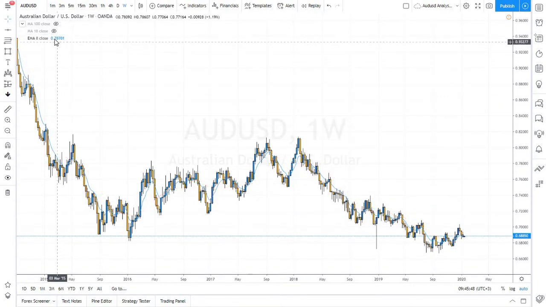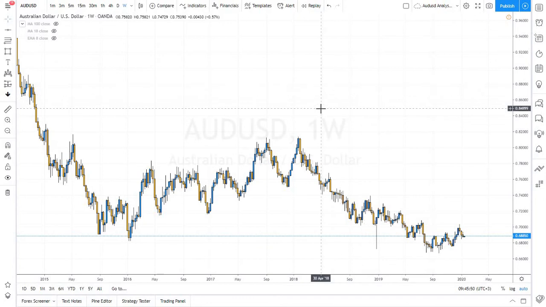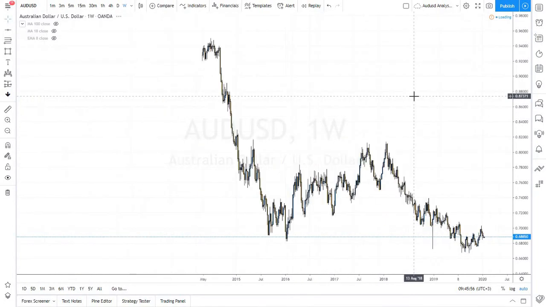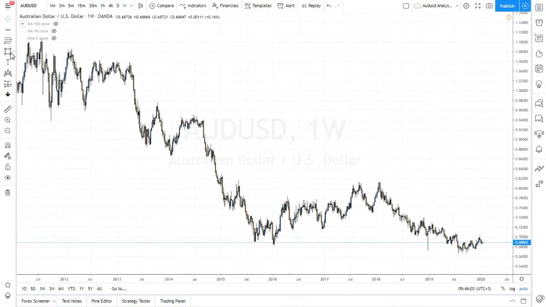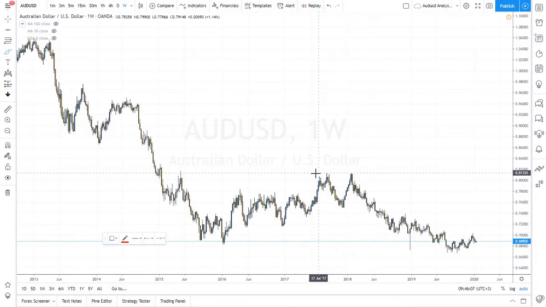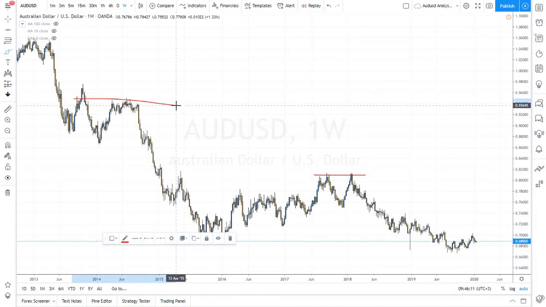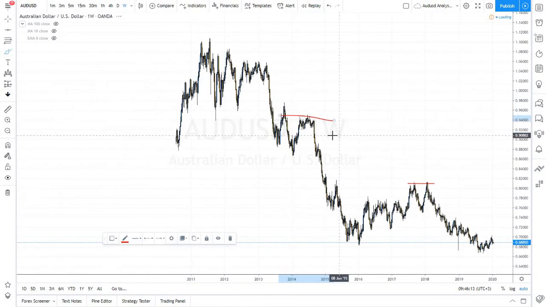So I'll hide away the moving averages for now so that we can just look at pure price action. Just read the candles as they are. So it's evident from Australian dollar USD that we are still printing lower highs. Still printing lower highs.